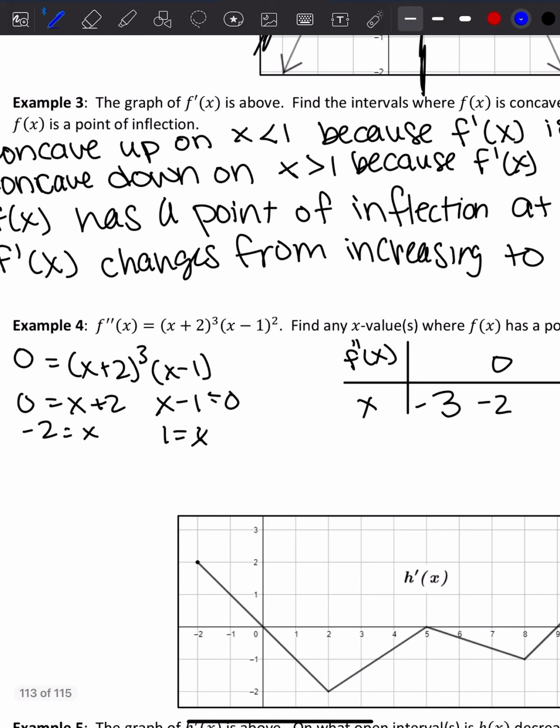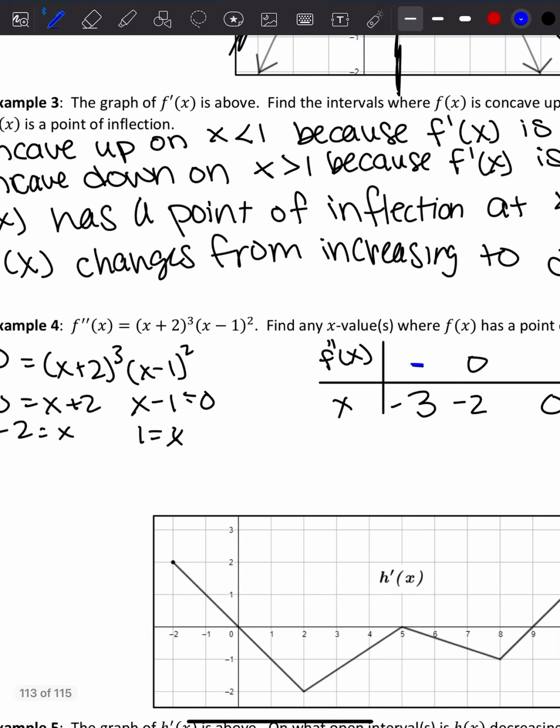So if I plug in negative 3, negative 3 plus 2 is negative 1. That being cubed is going to make it negative 1. Negative 3 minus 1 is still negative, but it's squared, so that's going to be positive. A negative times a positive would be a negative.